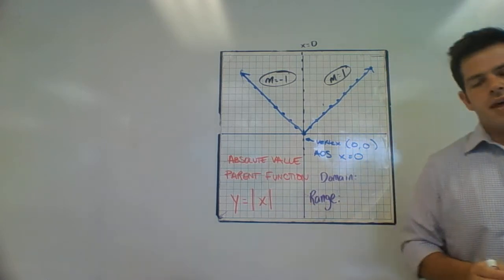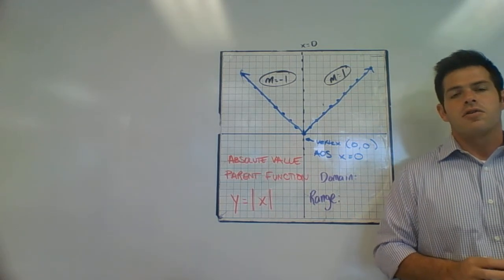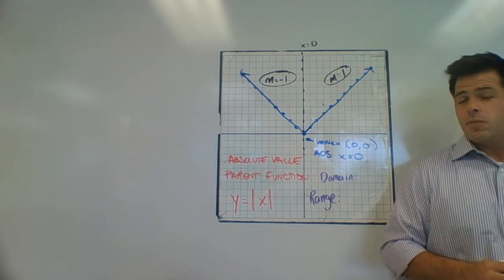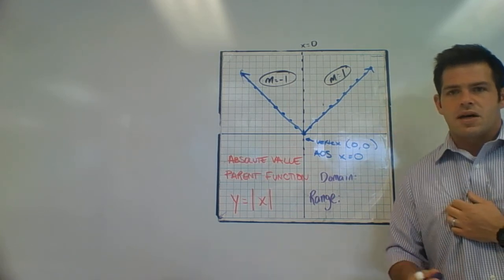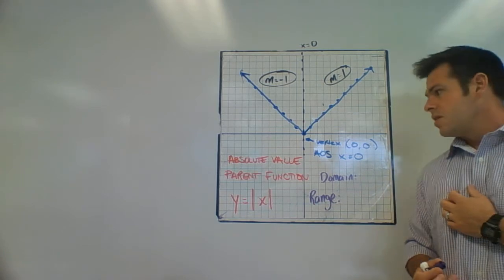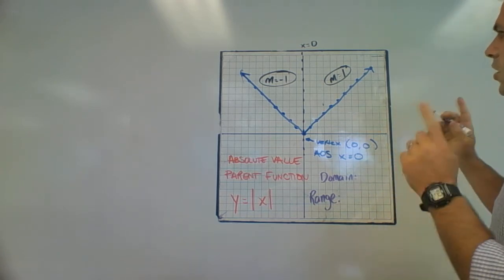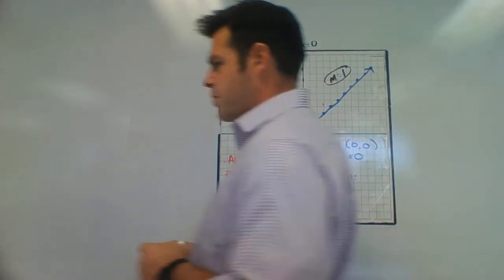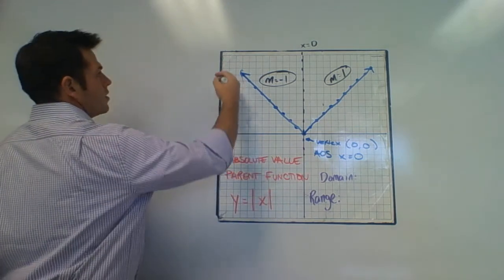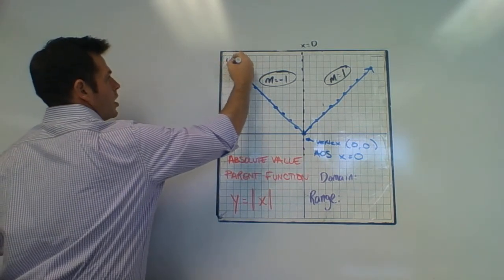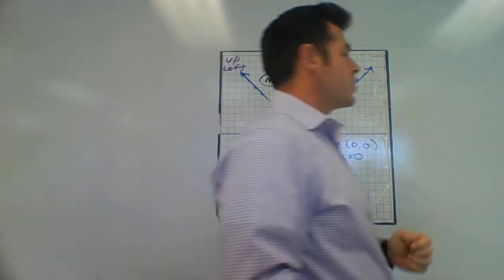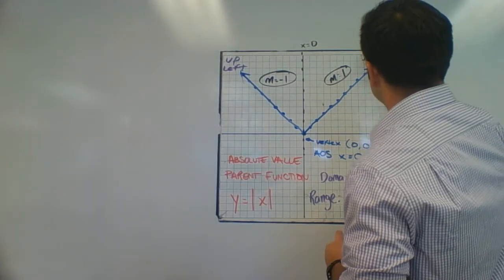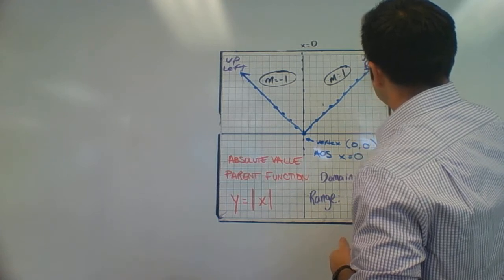You're going to find here for the absolute value functions that our domain hopefully will be something that's very similar every single time. However, we want to go ahead and check it out here. Go to my arrows, check it out, see what happens. Okay, this arrow right here is going up and to the left. This arrow over here is going up and to the right.